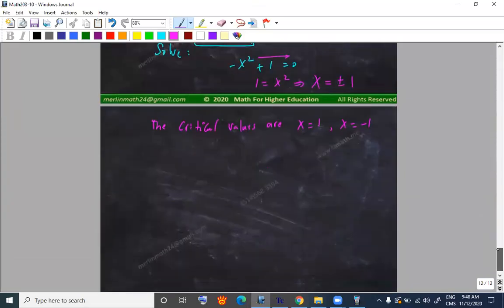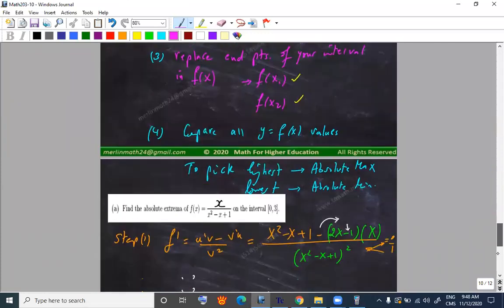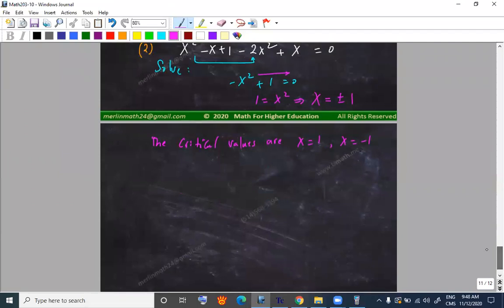Now step 3, what do they say? They say replace the end points of the interval. Now I jump to the interval. What is my interval given? It is 0 and 3. Those are called end points, x1, x2. So I want to replace those in f.